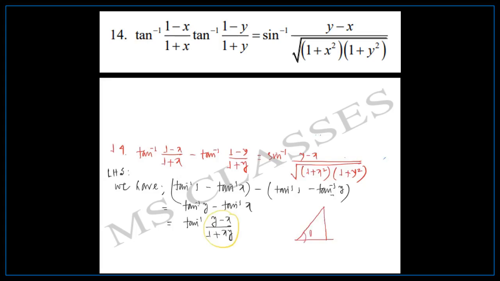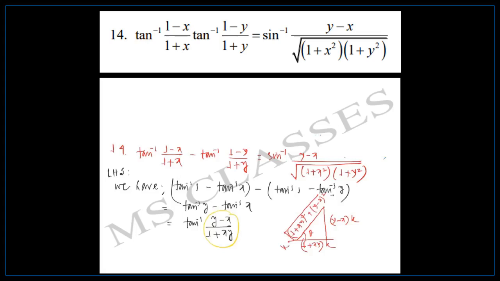So this is theta, and tan theta is (y minus x) by (1 plus xy). That will be: this side is (y minus x) into k, and this is (1 plus xy) into k, and the hypotenuse will be under root of (1 plus xy) whole square plus (y minus x) whole square, this into k.